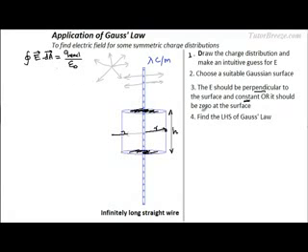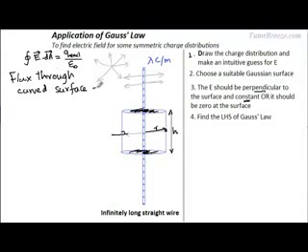Okay, next is step 4, and step 4 is to find the left hand side of Gauss's law, which means we have to find the total flux through the Gaussian surface. Here you can see that the flux through the Gaussian surface is the flux through the curved surface plus the flux through the two ends.